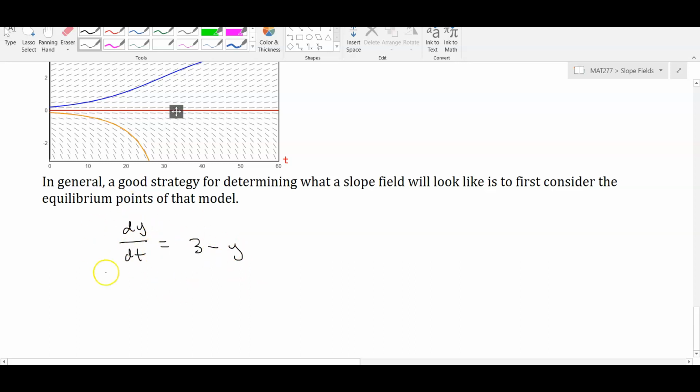Well, if I first look at what the equilibrium points of this are, and I set this equal to 0, and I find out that y equals 3 is an equilibrium point, what that already enables me to do in this sketch of the slope field is that I know that if y equals 3, my slope field for y equals 3 will all be 0.